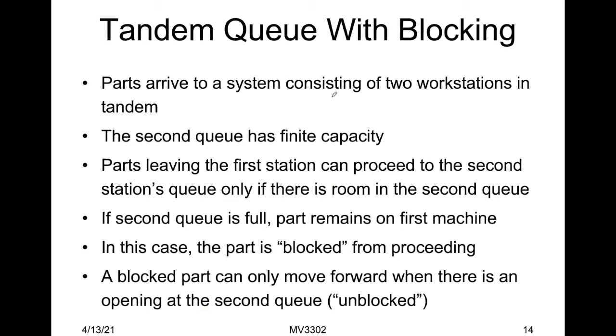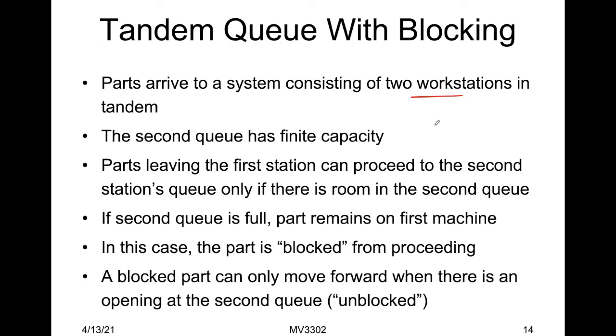So this is another, remember we talked about tandem queues, where the customer or the part leaves one station and goes immediately to another station. For a particular system we're looking at that has that basic structure, we have two workstations in tandem, meaning parts arrive to the first one, they queue up.